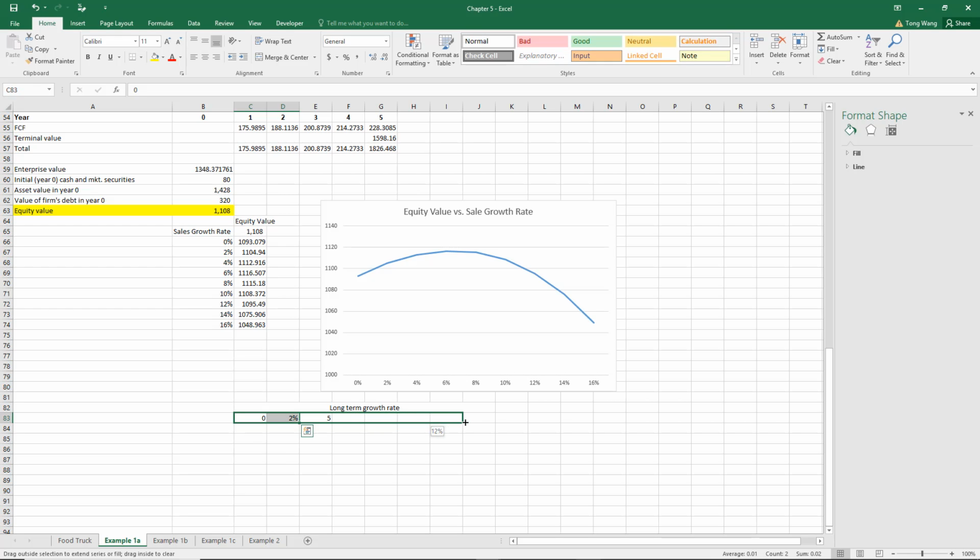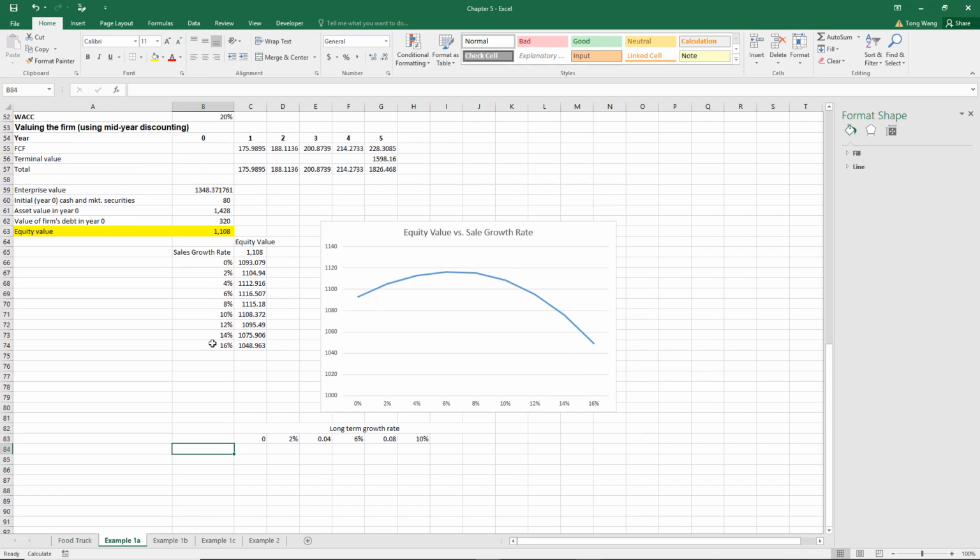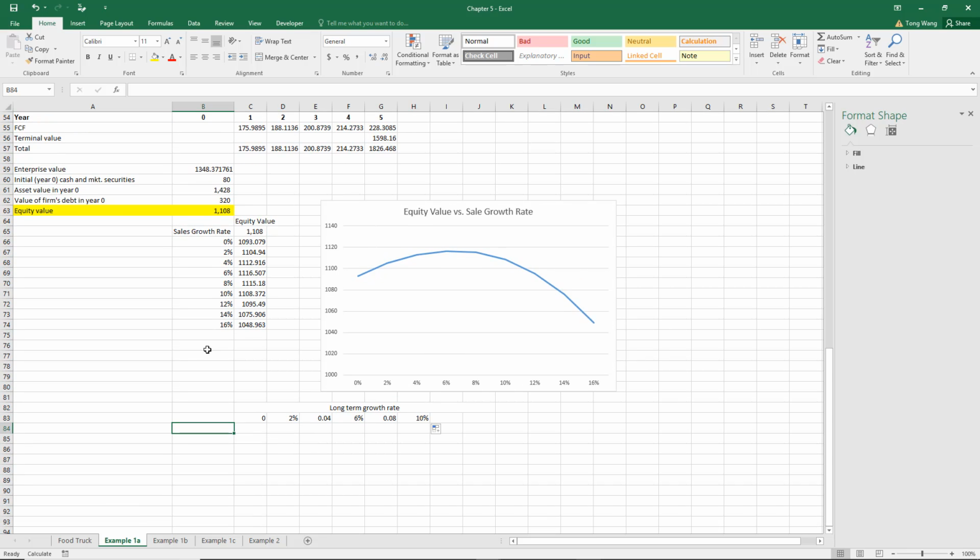Let's consider a few numbers here, say all the way up to 10%. And my WACC is going to go from, let's say, 6%, 8%.